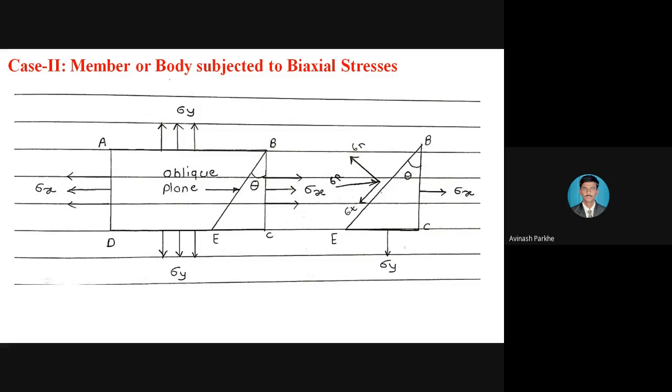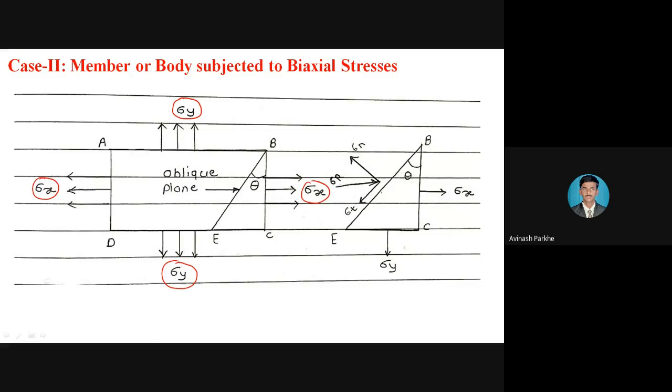So for this condition, I have given the figure. You can see again the same rectangle, A, B, C, D. Okay, and this member or body is subjected to stresses in two directions. You can see sigma x is applied in the x direction or horizontal direction, and sigma y is also applied in the vertical direction, which is called the y direction.